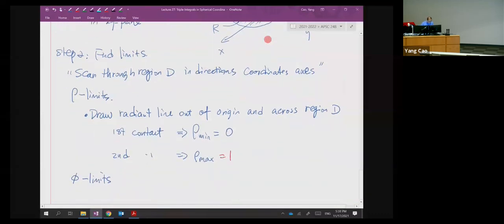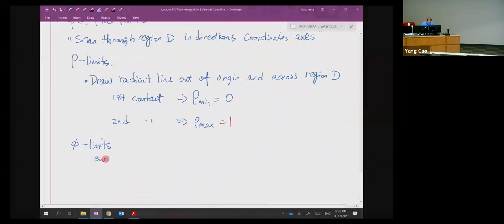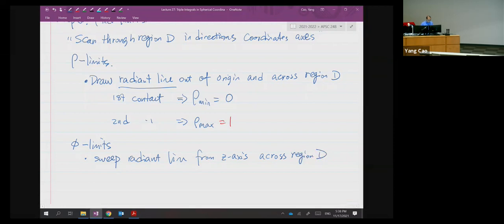So let me write it down. Sweep this reading line, starting from the z-axis across region D. Then you get two edges.